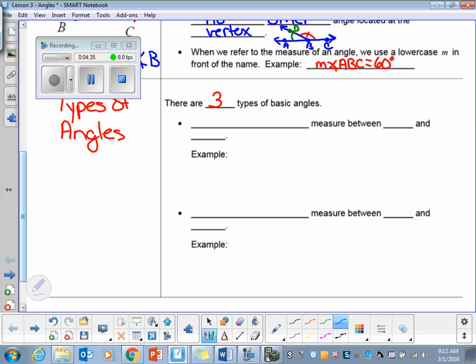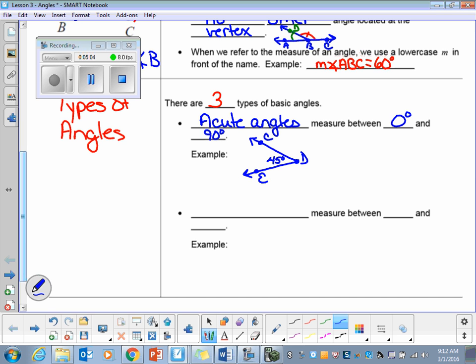Let's see, acute angles measure between 0 degrees and 90 degrees. So for example, we could say that this angle measures 45 degrees, and let's label it C, D, E.